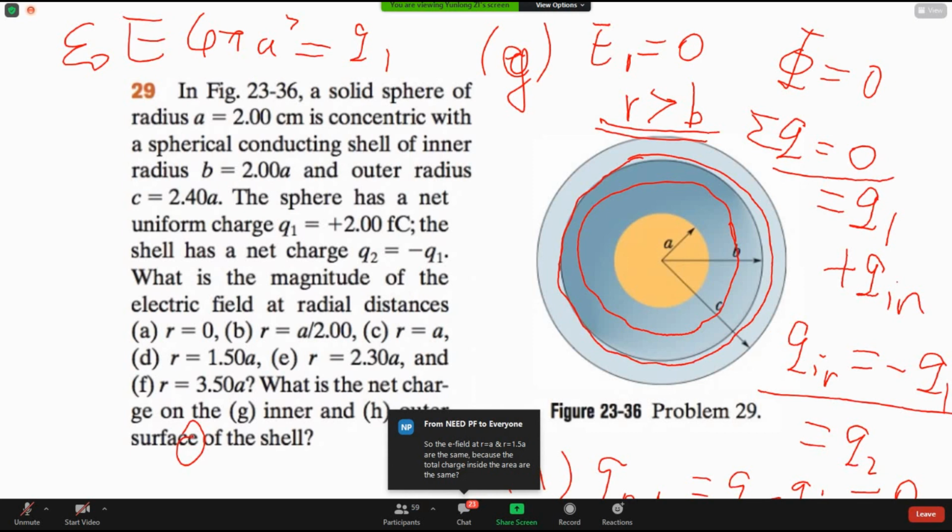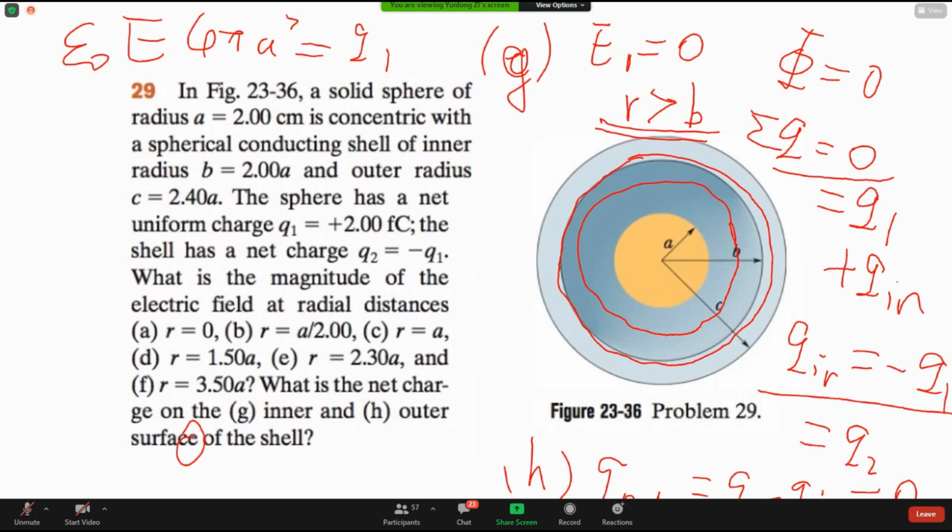The question is whether the electrical field at R equals A and R equals 1.5A are the same because the total charge inside is the same. No, they are not the same. Even though the total charge inside is the same, the total flux equals E multiplied by the area, and the surface area is different because the radius is different.